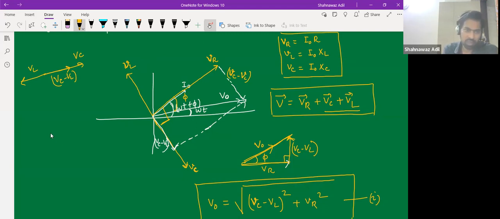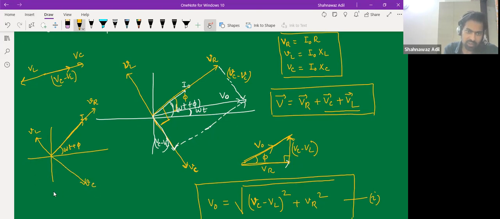So remember, the graph is that you have this current, which is omega t plus phi, right? This is the current that you have, and then you have the same in the phase with the resistance, right? So you have this VR, and at 90 degrees you have this VL, and then you have this.